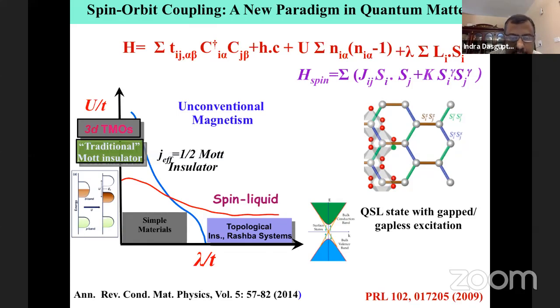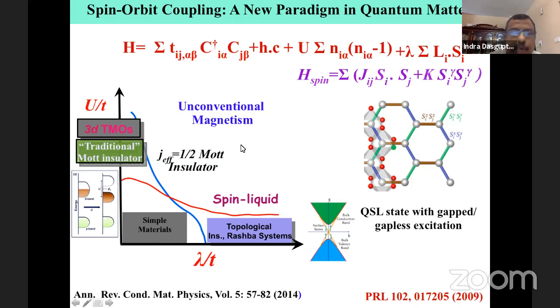QMATs. Some 10 years ago or something like that, this axis, where U is not that important but spin orbit coupling is very important, came into prominence because of the discovery of the topological insulators, where because of spin orbit coupling, you have band inversion. And this is also a regime which hosts, for example, the Rashba systems.